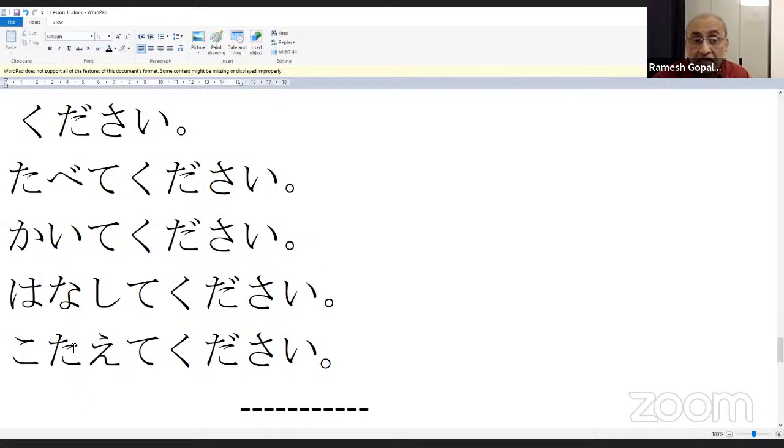Please answer. Now, if I just say tabete, which means eat, it's very rough, plain. Kaite, right? Hanashite, speak. Kotaete, answer. But I use kudasai, please, because I'm speaking Japanese. And we don't use plain. But there are people who speak this way, roughly, to someone below you in status.